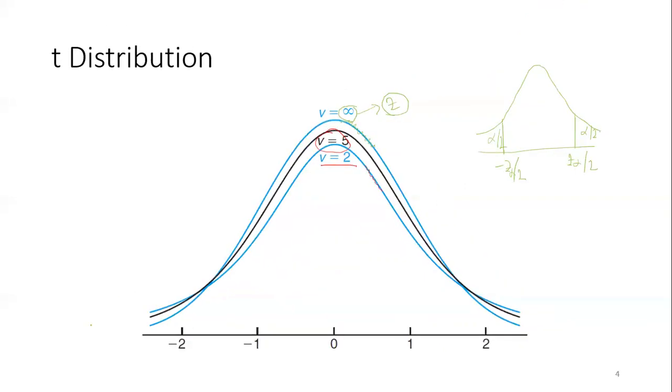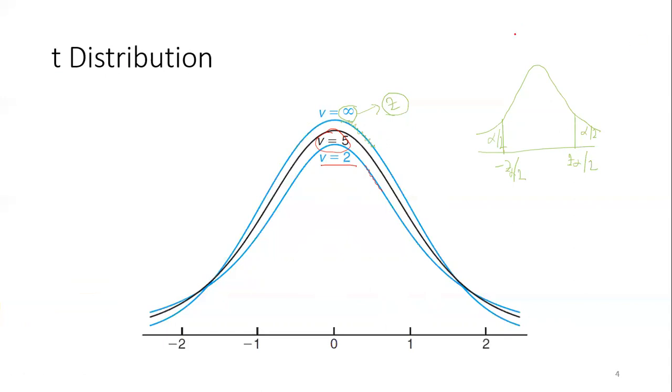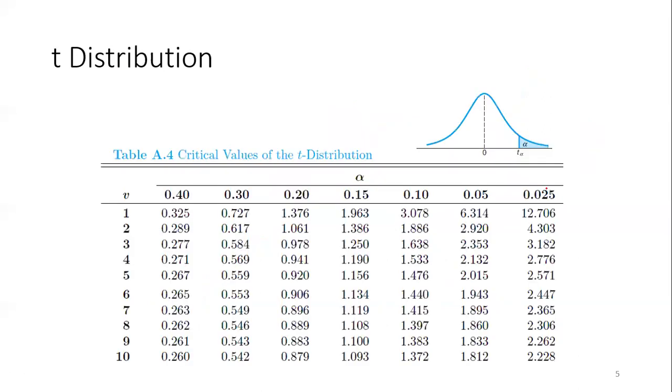Now we will make the plot of a t distribution, and it will be t alpha over 2 with v degrees of freedom, and this will be minus t alpha over 2 because it's symmetric as well, which leaves an area of alpha over 2 to the right and alpha over 2 to the left, and just proceed exactly as we did in the standard normal case. Well, this is the table for the t distribution.